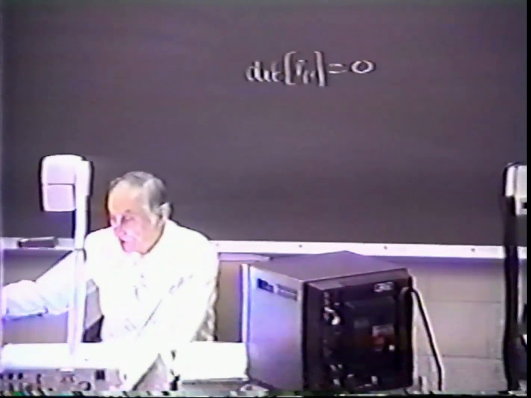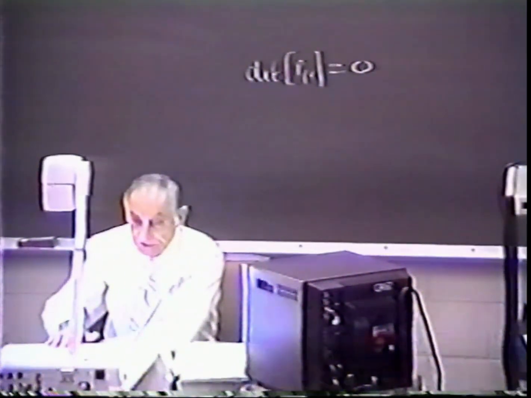There's something else on the reverse of that sheet which I'd like to just mention in passing. There's a list of relations here which are fairly important when you're doing some manipulations sometimes. They're very basic matrix relations.